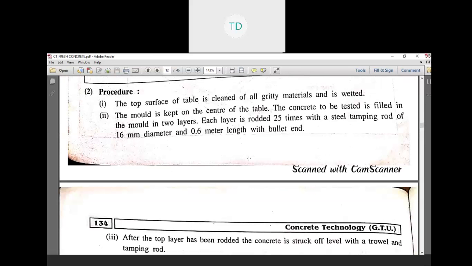The top surface of the table is cleaned of all gritty material and is wetted. The mold is kept at the center of the table. The concrete to be tested is filled in the mold in two layers. Each layer is rodded or tamped 25 times with a steel tamping rod of 16 mm diameter and 0.6 meter length with a bullet end.